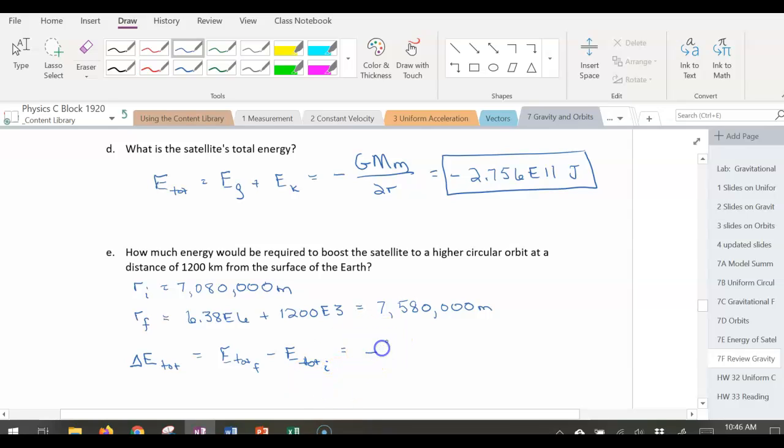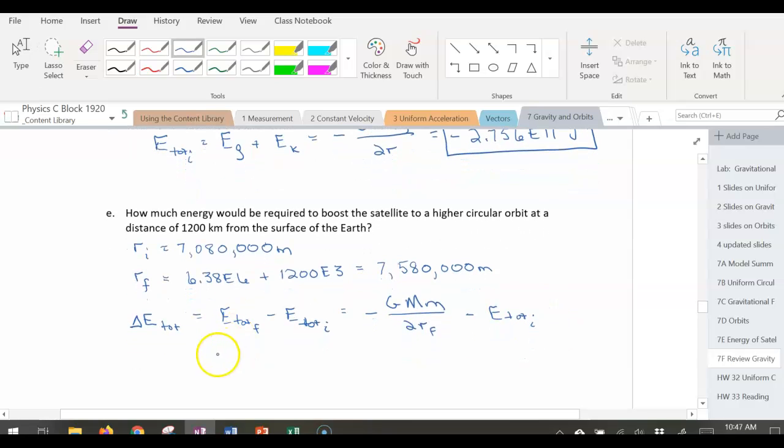So it's going to be negative G times the product of the masses over 2 R final, minus the total energy in the initial case, which I found in part D. Putting in the product of the masses here, divided by 2 times 7,580,000 meters.